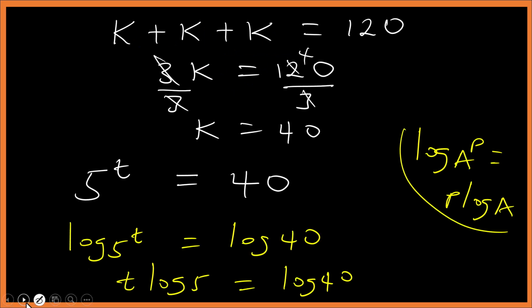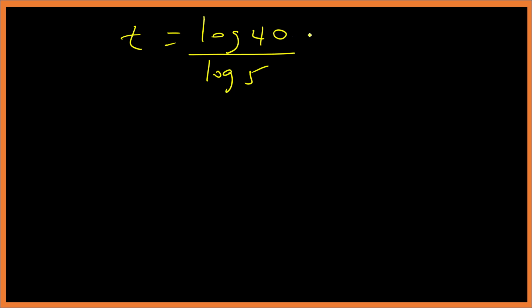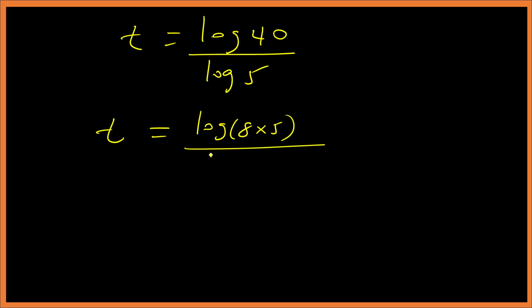So we have that. Now let's reduce them, okay? So from here, the numerator can be written as, now 8 times 5 is 40. So we have log 8 times 5 over log 5.